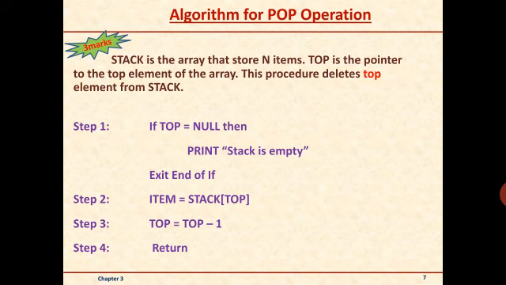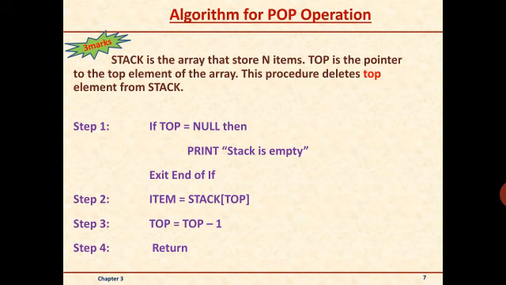In step 1, we check top is equal to 0. That is, top is equal to null. We will check whether it is empty or not. I repeat once again: here we are checking if top is equal to 0.